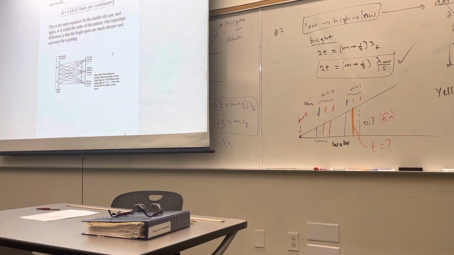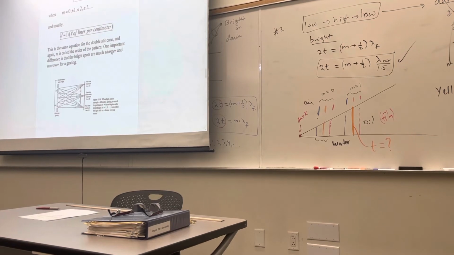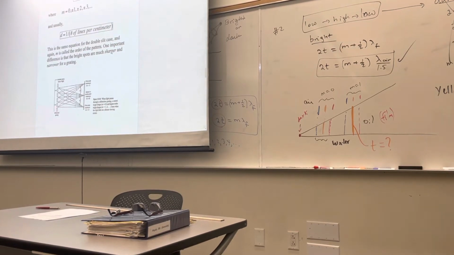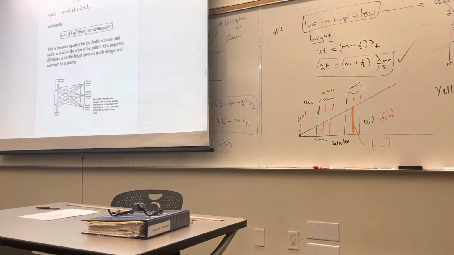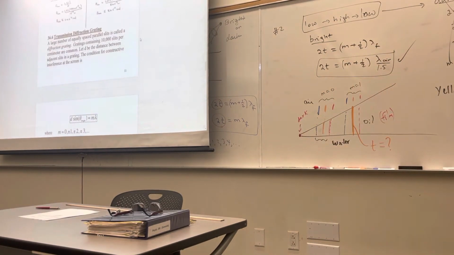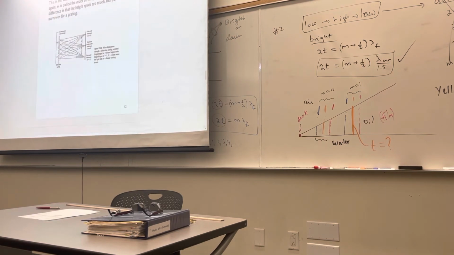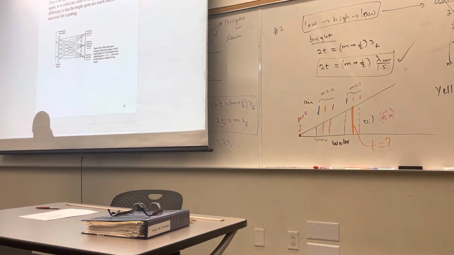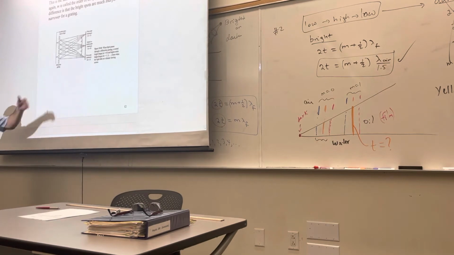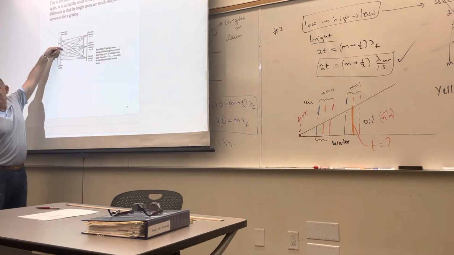And then there is something called the diffraction grating. In a diffraction grating, you have not one slit or circular aperture or two slits, but you have thousands of slits.